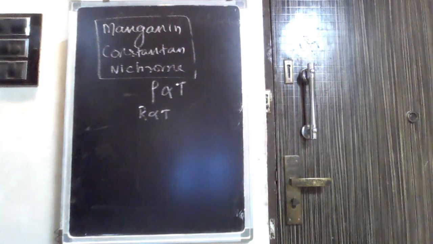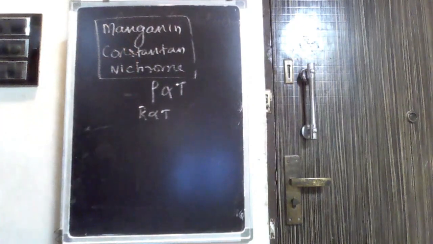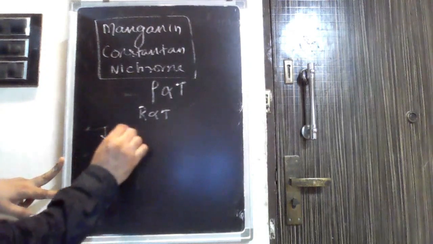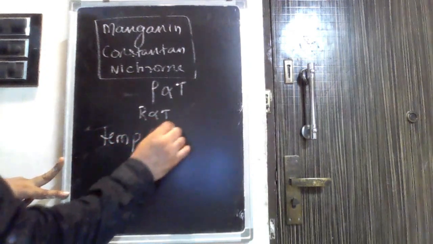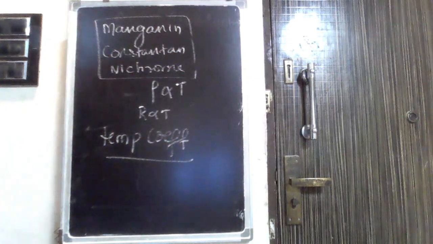In the case of copper, the resistance changes much faster with temperature. But in the case of manganese, constantan and nichrome, with change in temperature, your resistance is not going to change that fast. In simple logic, there is something called the temperature coefficient. The temperature coefficient decides how fast temperature will affect resistance.